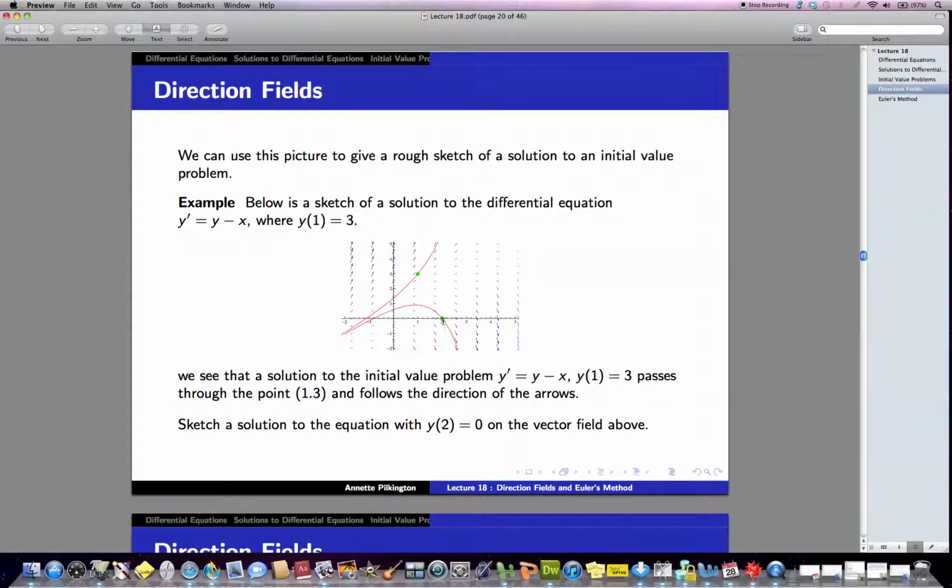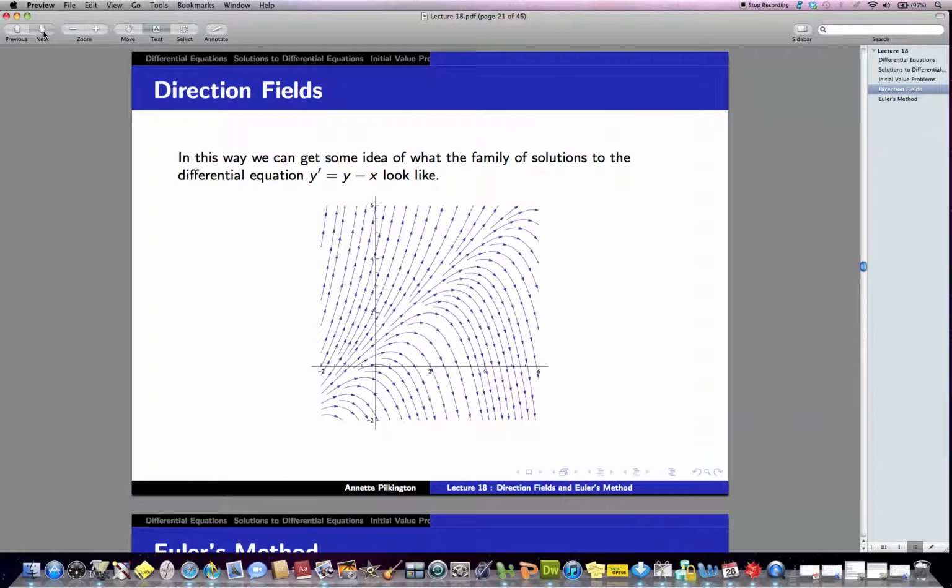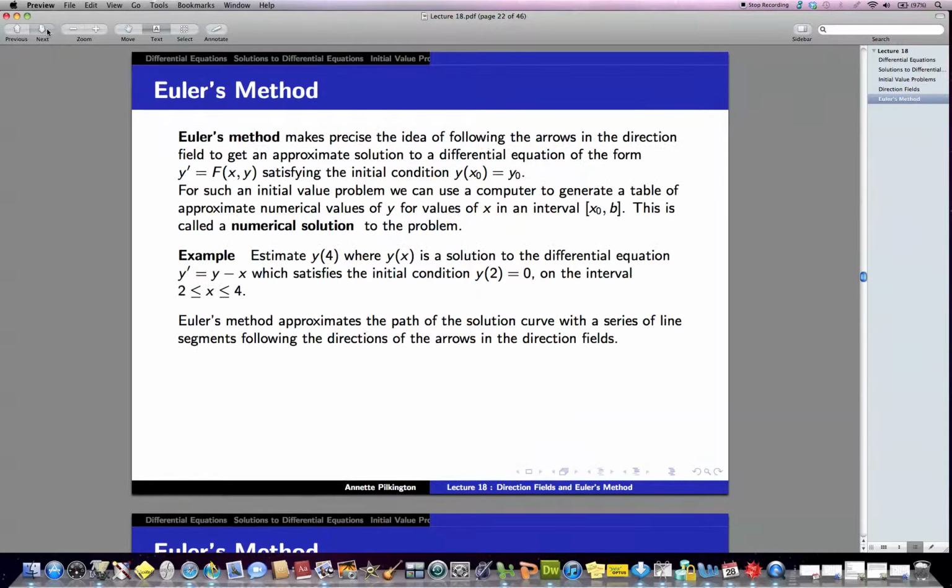Well, essentially I follow the arrows. I start at this point, I see the arrows are moving in this direction, so I draw a rough sketch of where the arrows are going, and then I can see the arrows are coming from this direction, so this gives me a rough sketch in the other direction. Here we have a rough sketch of many solutions, and this is one use of this direction field.